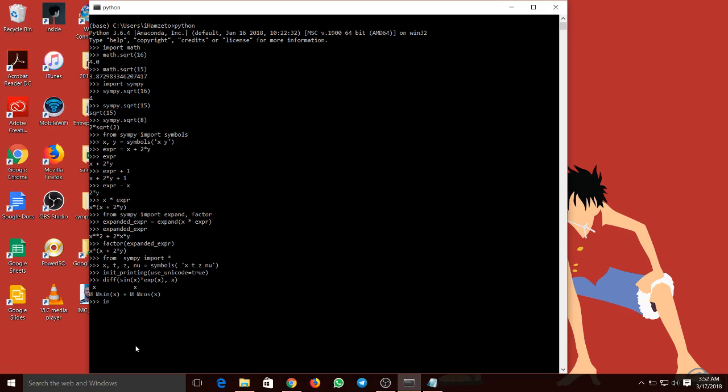So we go to integrate, then bracket sine, then bracket x, then bracket close, then comma, then bracket open, x, comma, minus oo, that is infinity.